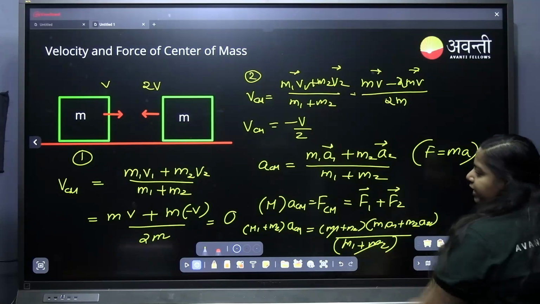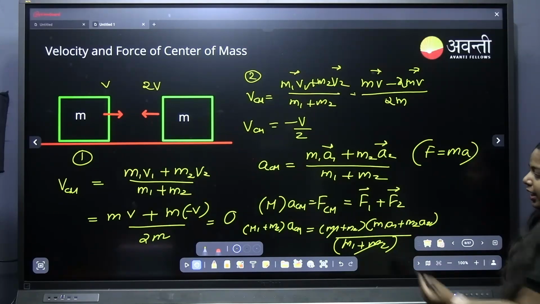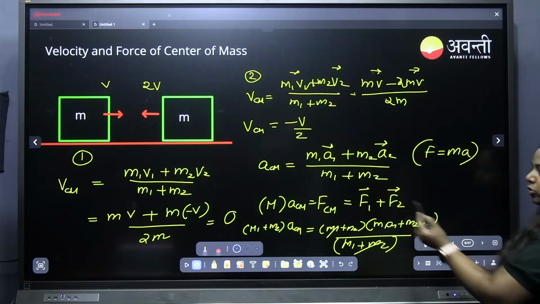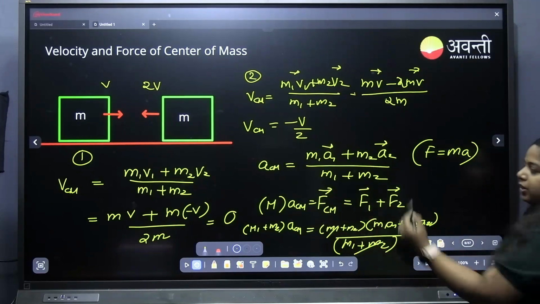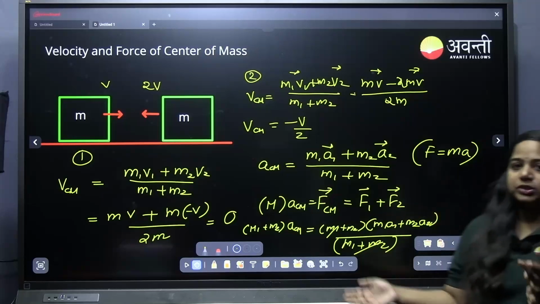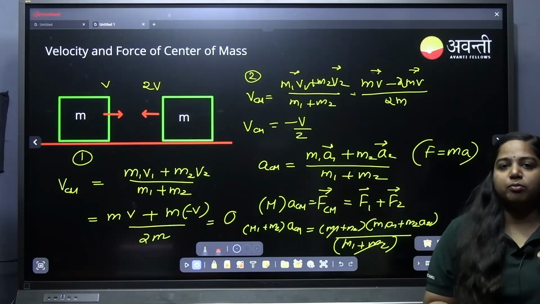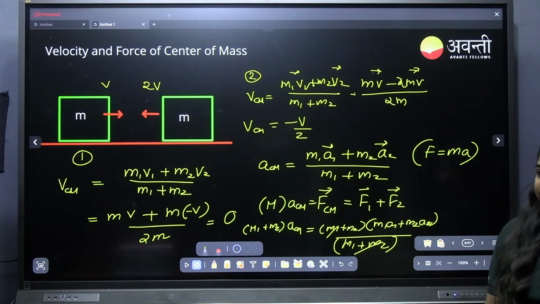So these two will get cancelled. We will remain with m1a1 plus m2a2. m1a1 is the force on 1, m2a2 is the force on 2. So the center of mass force will be equal to the vector sum of the individual forces on the particles. Is that clear?